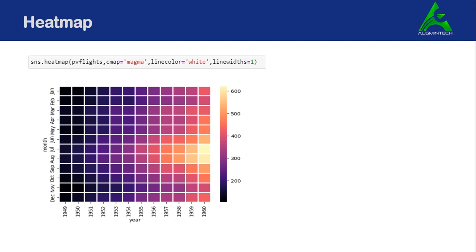Again, more number of passengers, lighter the color. So again, in 1960, August and July, we had maximum number of passengers, and somewhere here we have less number of passengers, like 1949, November, October, September.